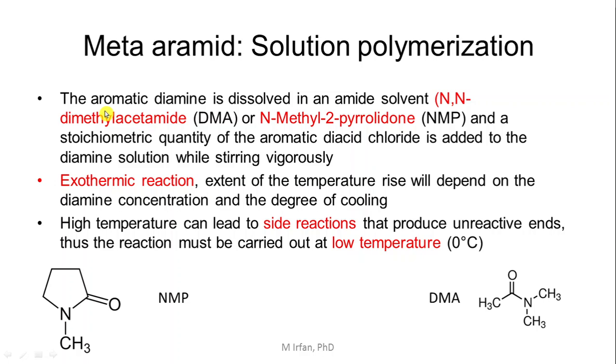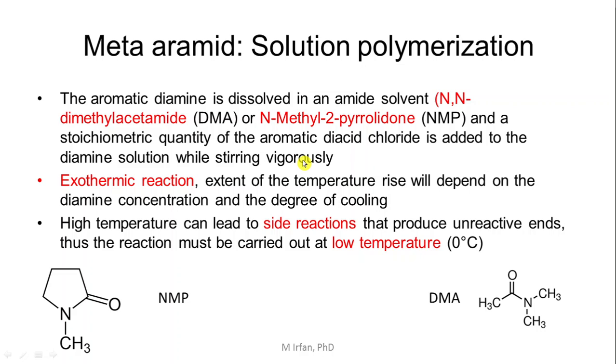In solution polymerization, the aromatic diamine is dissolved in an amide solvent like N,N-dimethylacetamide (DMAc) or N-methyl-2-pyrrolidone (NMP), and a stoichiometric quantity of aromatic diacid chloride is added to the diamine solution while stirring vigorously.